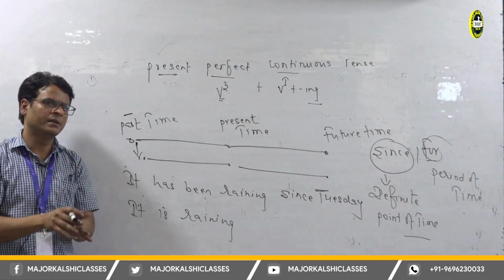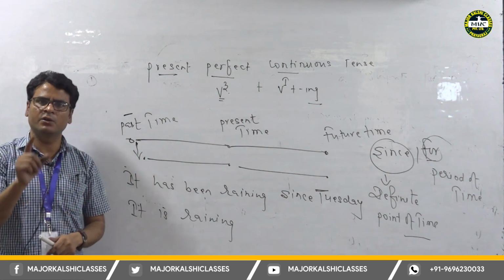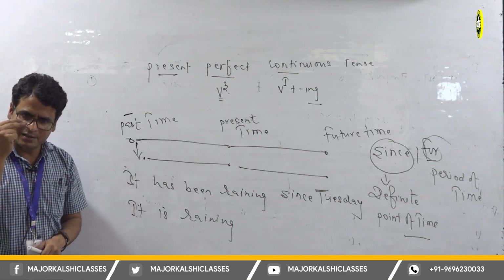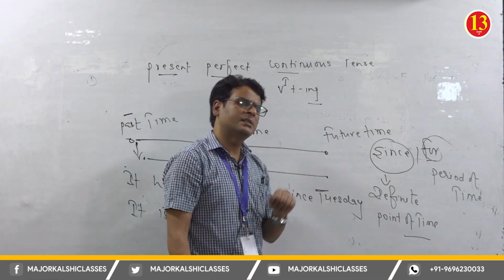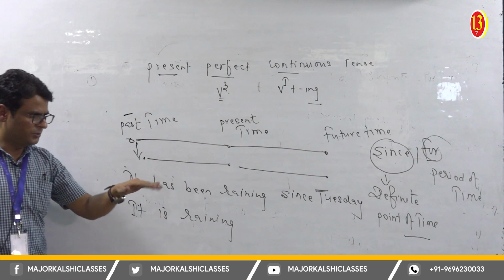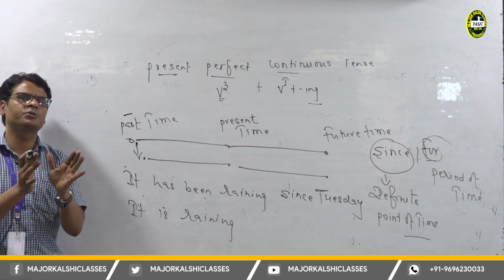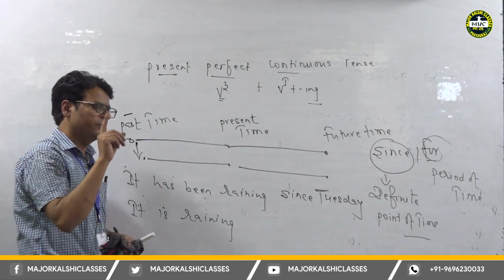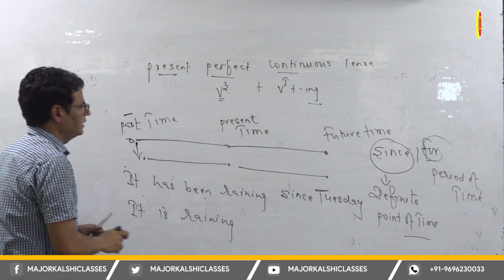Tuesday is the point. If I say it has been raining for 2 days, we cannot say since, we have to use for 2 days. And lots of examples have appeared in your examination upon since and for. Some people use since, some people for, and they are mistaken and they tend to create lots of problems. But one thing you have to keep in your mind: for point of time we have to use since, and for period of time we have to use for.